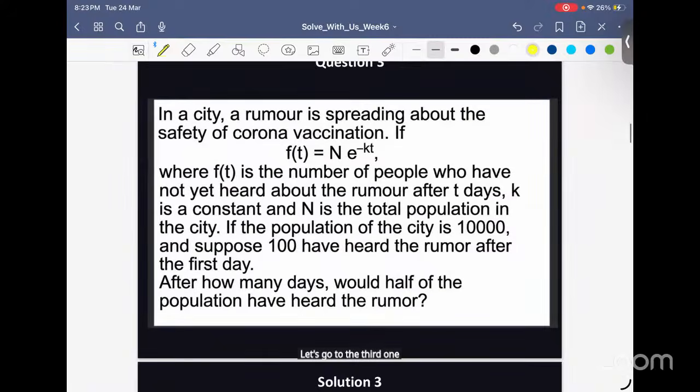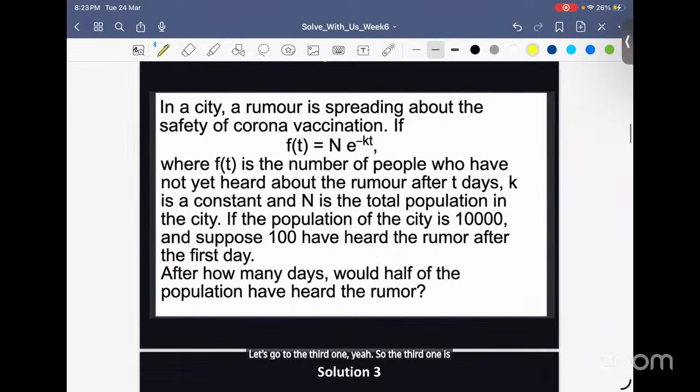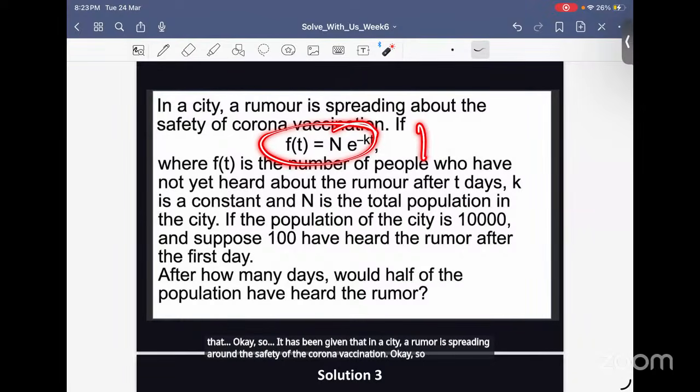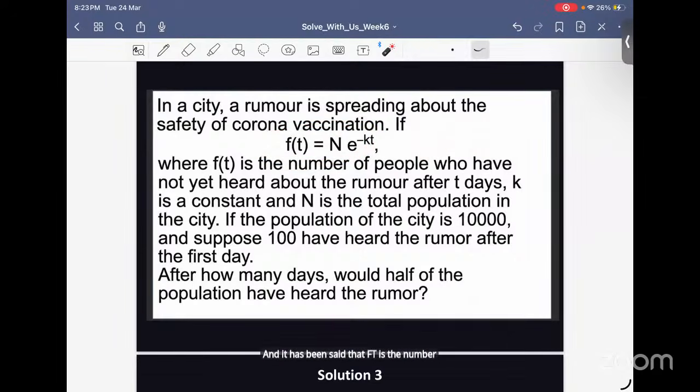So for the third one, it has been given that in a city, a rumor is spreading around the safety of the corona vaccination. There is one function given to you, f(t) = N e^(-kt), and f(t) is the number of people who have not yet heard about the rumor after t days.